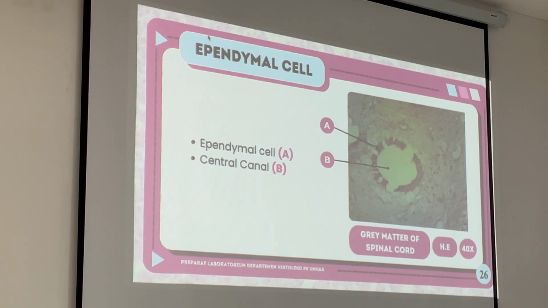It carries the CSF, the cerebrospinal fluid, which is produced by the ependymal cells of the medulla spinalis. It also regulates: if there is too much fluid, it will absorb, and if there's less, it will produce more. It is produced by the ependymal cells around the canal.